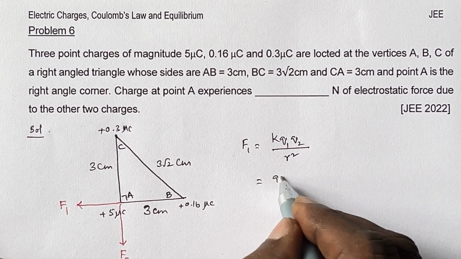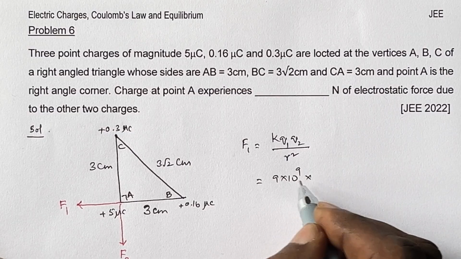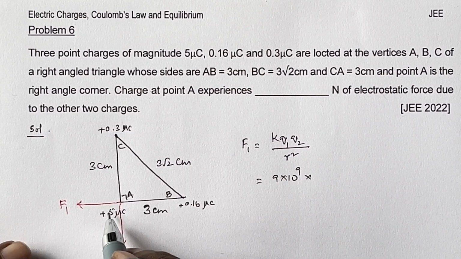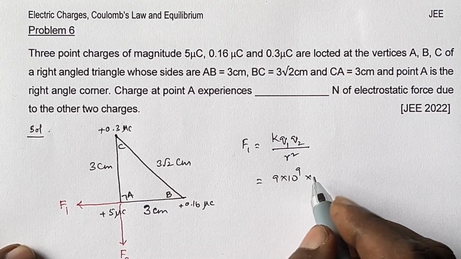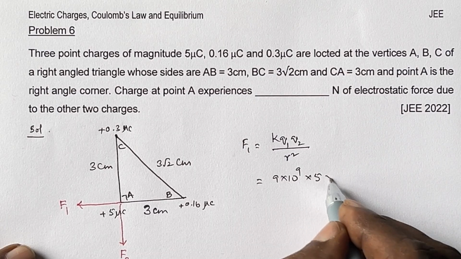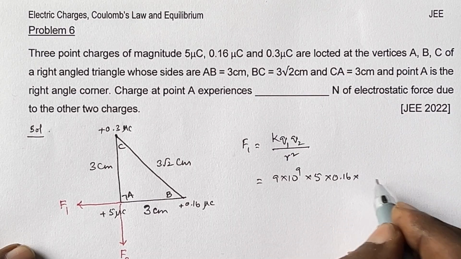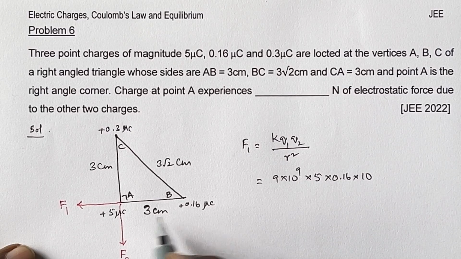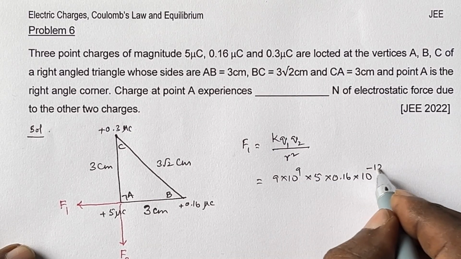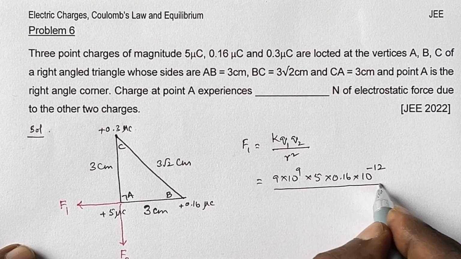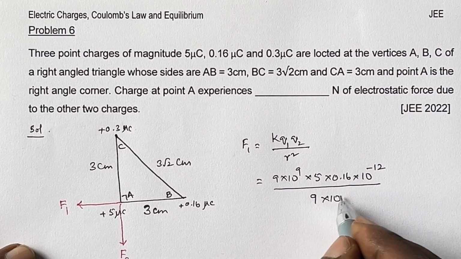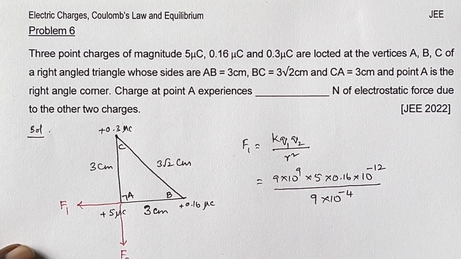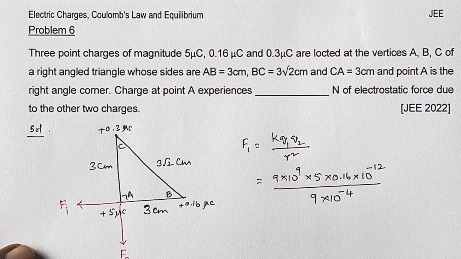So K is 9 into 10 to the power of 9. Here F1 is this one, the force between 5 and 0.16. So 5 into 0.16 into 10 to the power of micro, so 10 power minus 12 by R square. R square is 3 centimeters, so that is 10 to the power of minus 4.